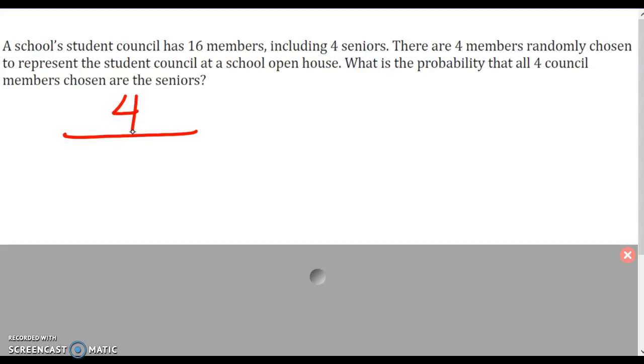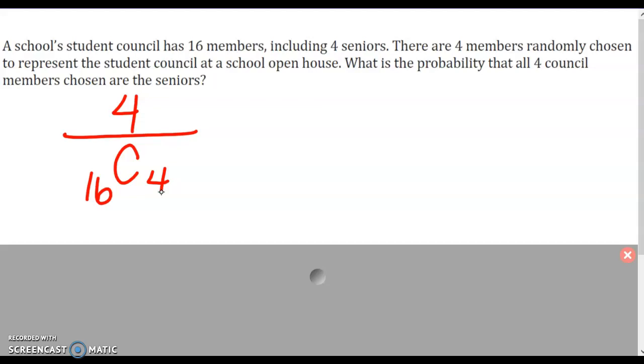Order in this case actually does not matter, so it's going to be a combination. I'm going to have 16 combination 4 because I have 16 people and 4 get chosen. If I only want those 4 people chosen, and the question is the probability that all 4 of them are the seniors, then that's going to make it a lot harder chance there.